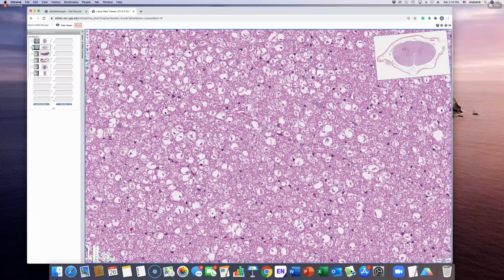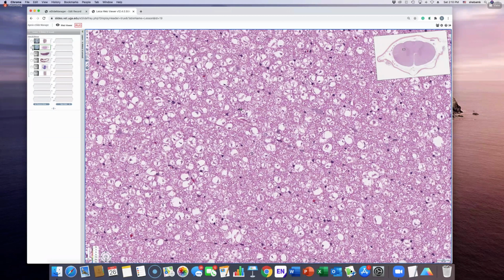Probably something lipid related. Yes, what is it? Myelin. So in real life, all this would be myelin, and that would be the axon. This is the remnant of the axon right here, but this white space would be filled with myelin.